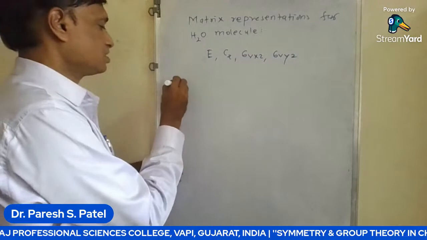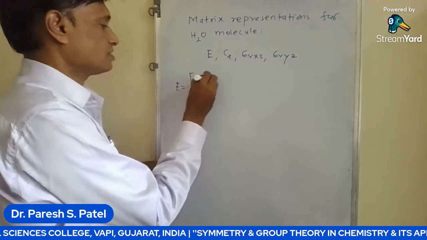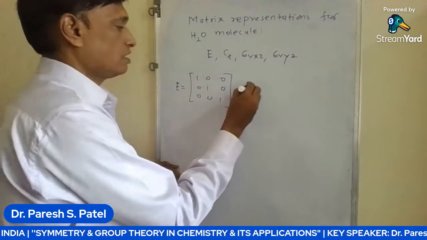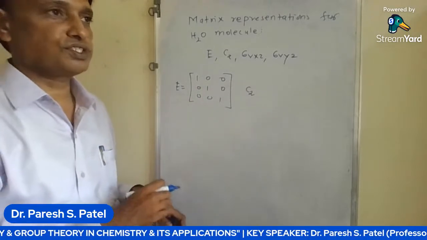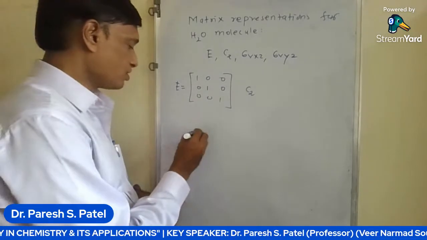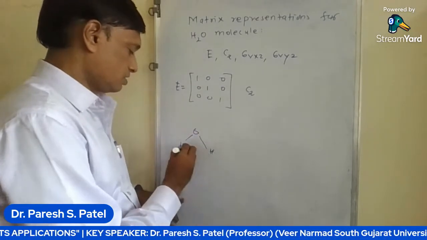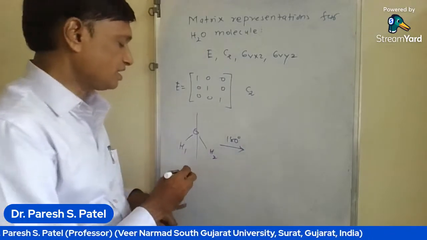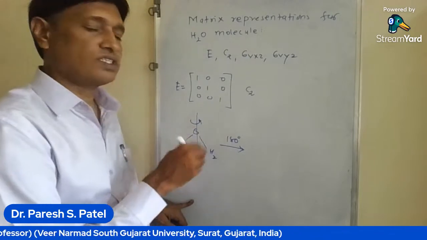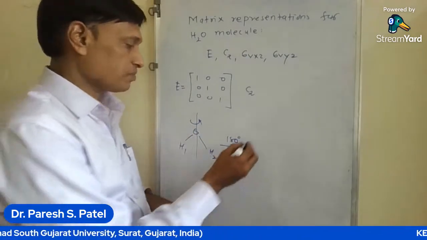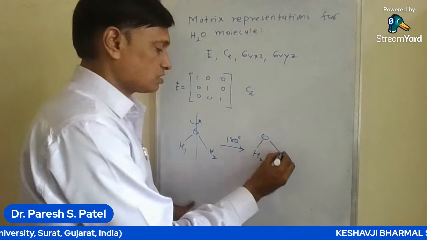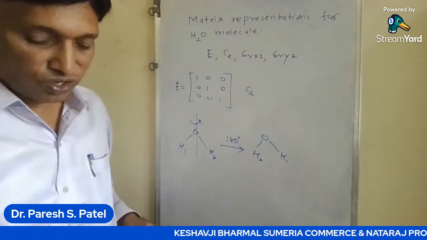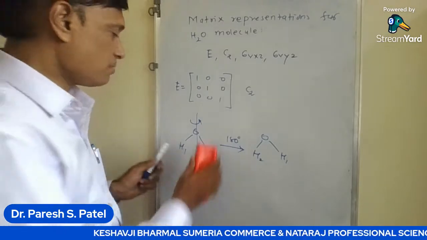So the matrix representation for identity, we already discussed, is 1 0 0, 0 1 0, 0 0 1. Now the matrix representation for C2. In the case of the water molecule, if you rotate the molecule by 180 degrees along this axis, either clockwise or anti-clockwise, both are the same, so the result will be the same. So the matrix representation for clockwise or anti-clockwise rotation gives the same matrix.